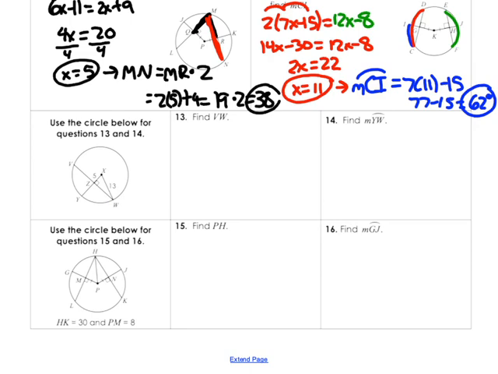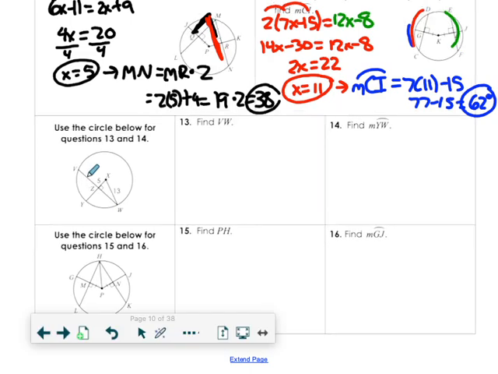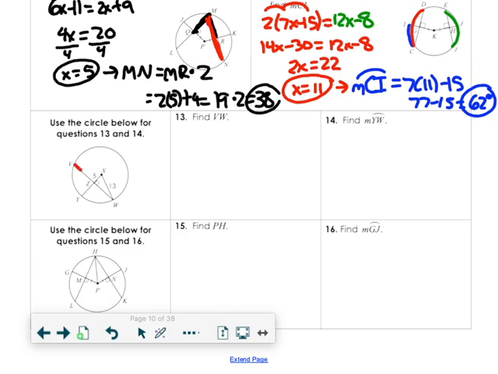There we go. So I'm going to try to find VW. That's this distance right here. Well, that's just being cut in half by this line right here. So this line is cutting that VW in half.